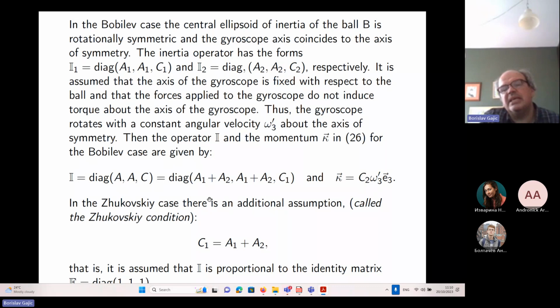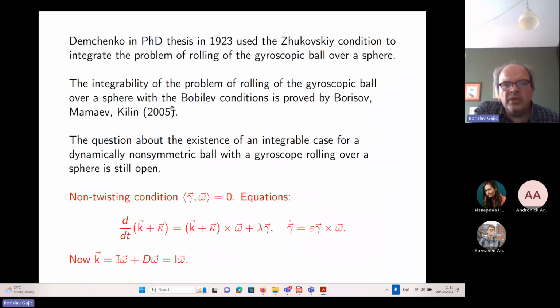The Zhukovsky case has an additional assumption. Let us consider when C1 is A1 plus A2, then it is assumed that T is proportional to the identity matrix, and he also gave a way to construct this system, and he proved that it can be resolved in elliptic functions.